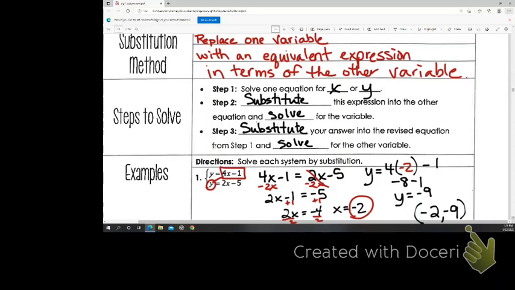What would be an appropriate way to check the answer? Well, both numbers plug it into the second equation, right? So we found -9 by putting our -2 into the top equation. But those two numbers need to make the second one true also. So if I do 2 times -2, I get -4 minus 5 is also -9.